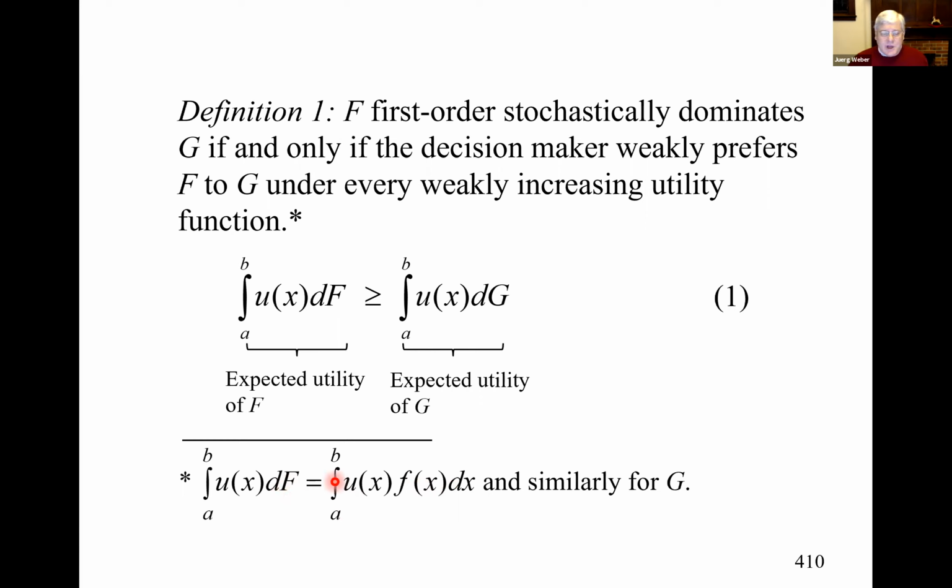I use here just a notation for an expected value, as you know from first year statistics classes. So I have the expected utility of the F function. Now, if that expected utility is bigger than or equal to the expected utility of the prospect G, then F dominates G.